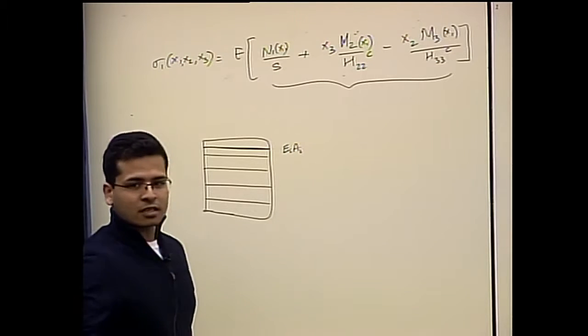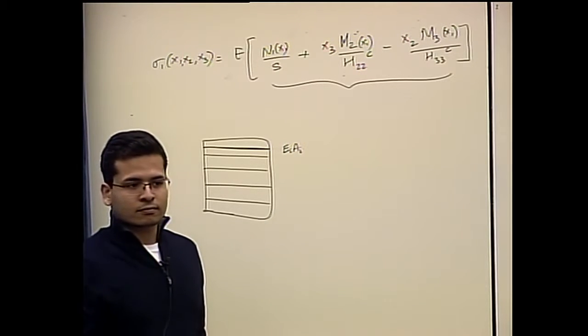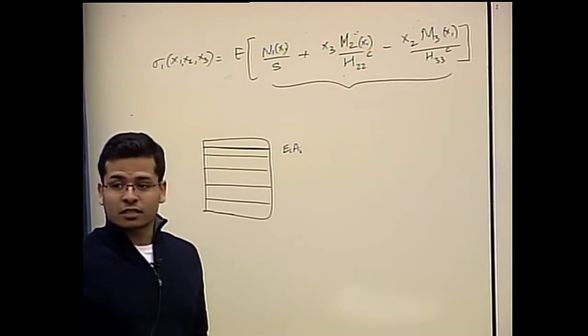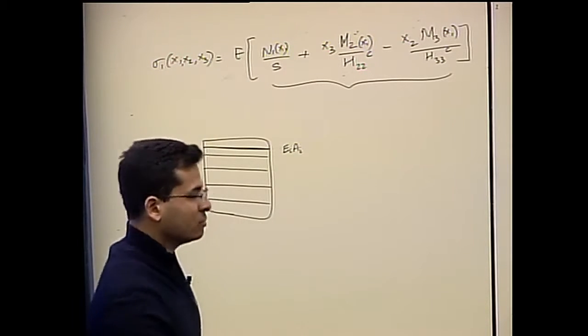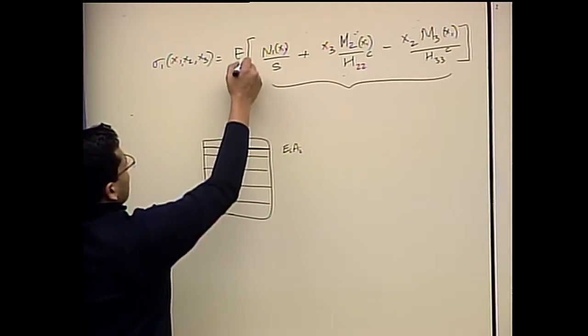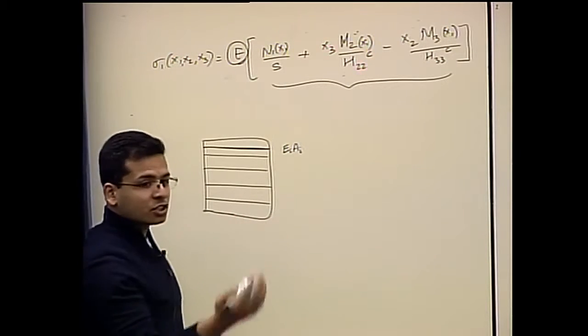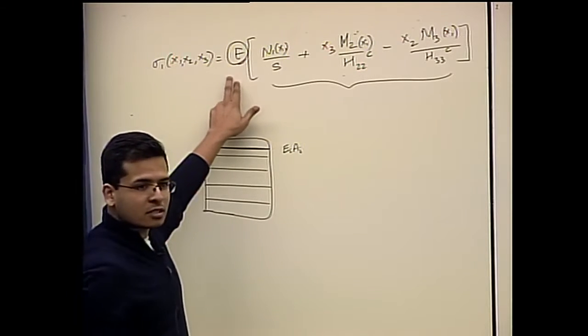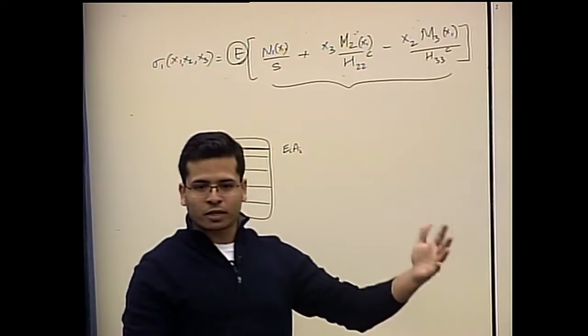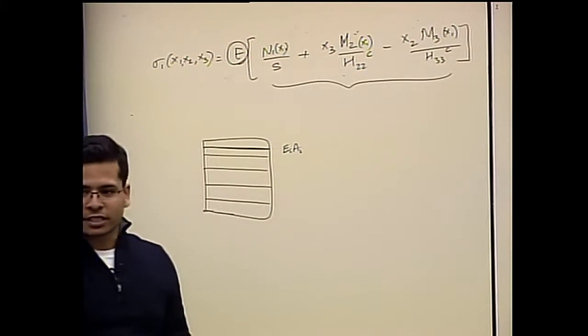But why can stress be discontinuous? Because it depends on the material. There is multiplication of strain with the material property, and if there is a significant difference in material properties, you'll see a jump in stresses.